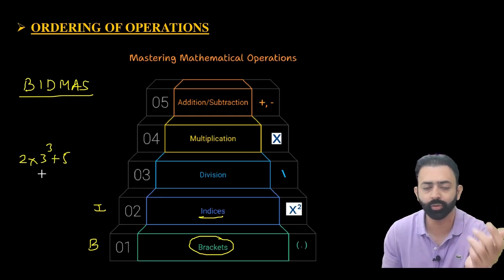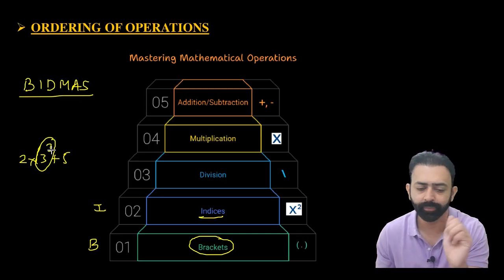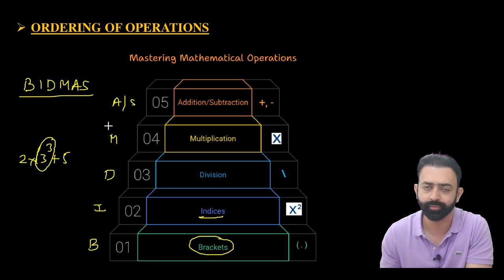Since there are no brackets in this, the next step will be to solve the indices. So instead of writing 2 into something, we will first write 3 cube as 27. Then next comes the division. D stands for division in BIDMAS, M stands for multiplication, and A and S stand for addition and subtraction.